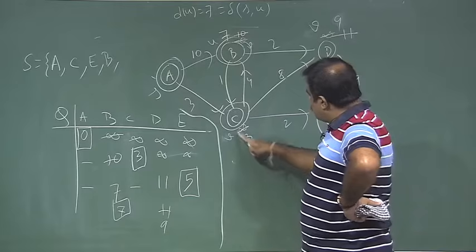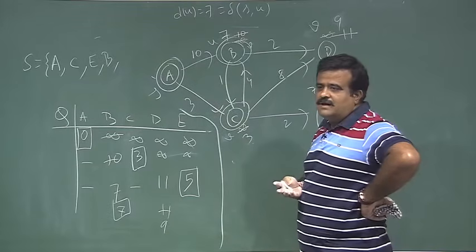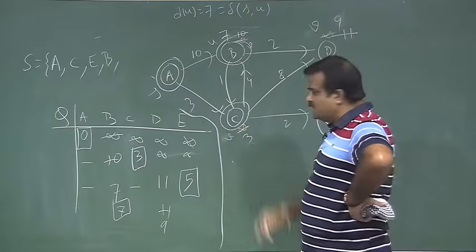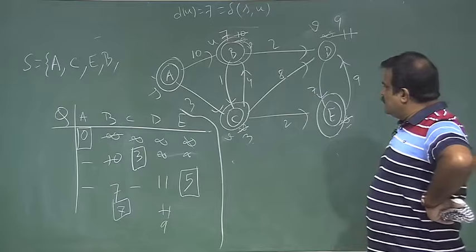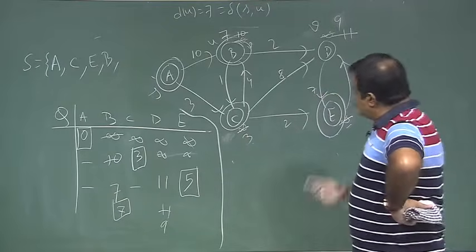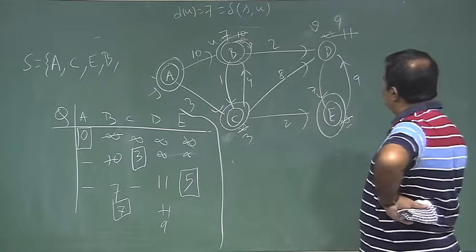But we already have a path which costs 3, and 8 is not better than 3. So that is a cross-verification that it is working fine. Okay. So that is it. These are the two vertices which are adjacent to this.